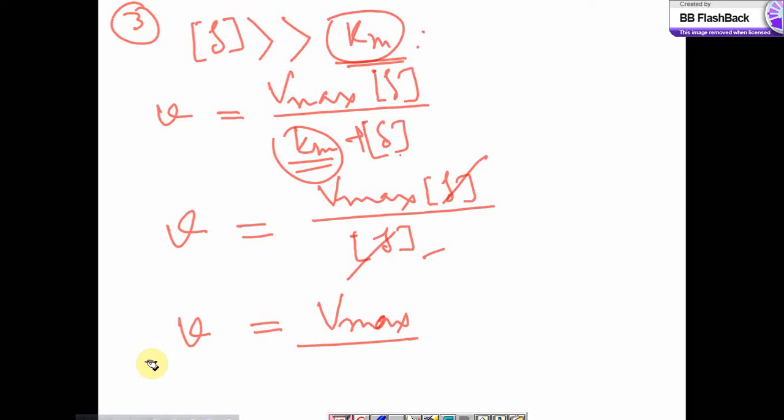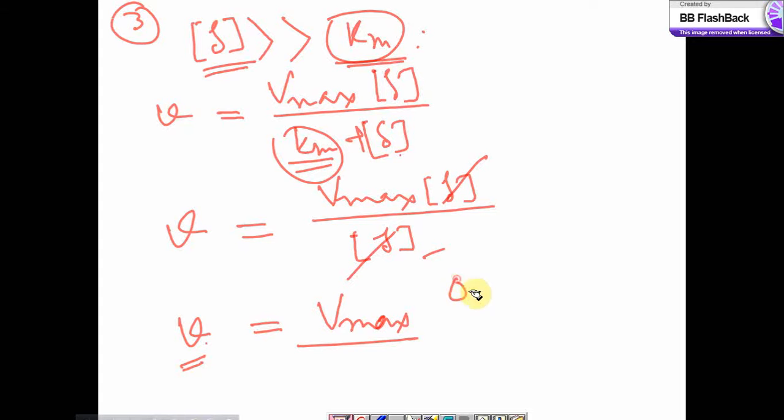Now here you can draw a conclusion: the velocity of the enzyme has already reached the maximum velocity, so there is no chance of increasing the reaction rate any further, even if you increase the substrate concentration. Here the reaction rate is not dependent on the substrate concentration, and this is a very good point.